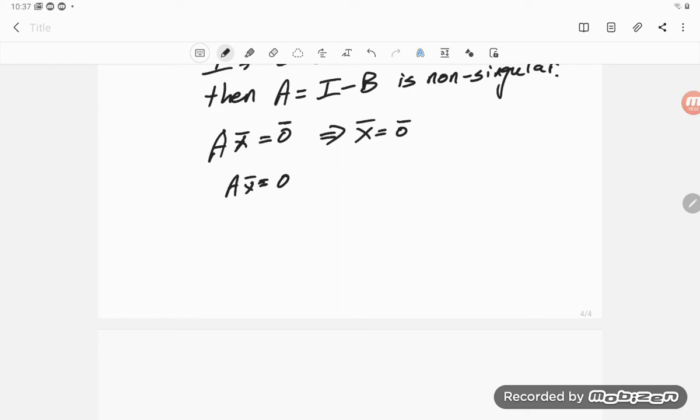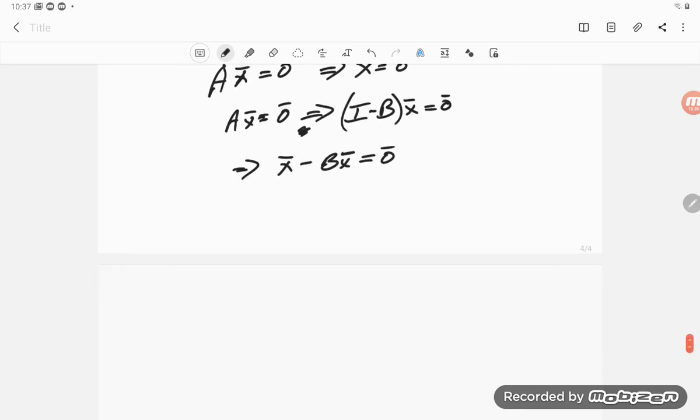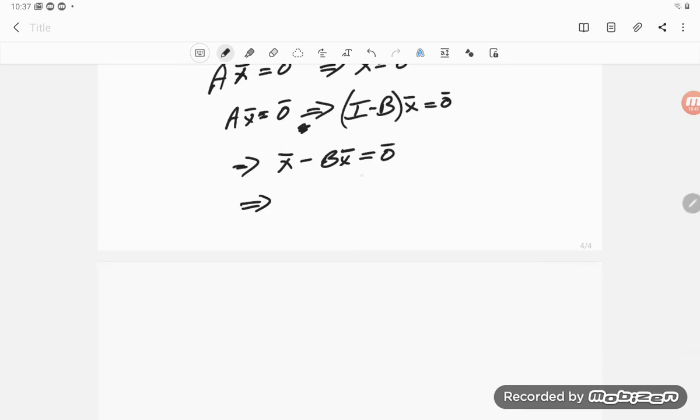But we just use what A is, and that implies that I minus B times X is equal to 0. Now I can multiply that through. That implies that X minus BX is equal to 0. And so, moving the BX to the right-hand side, the vector X is equal to B times X.